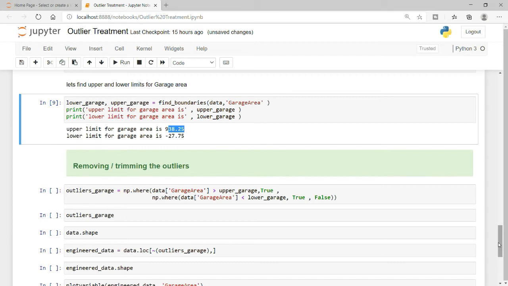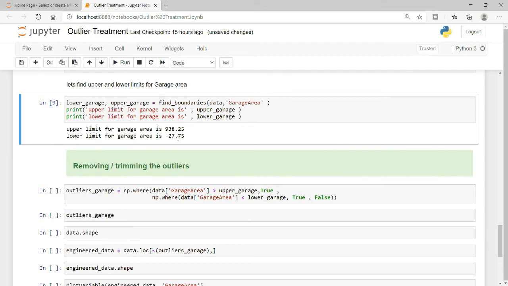Okay. Now we are going to treat outliers, and for this demonstration I am using two techniques. One is called trimming, or sometimes removing. In this approach, we remove the outlier. So whatever is going beyond this value you see here, and whatever is going below this value, minus 27.75, I will simply remove those observations from my data set.